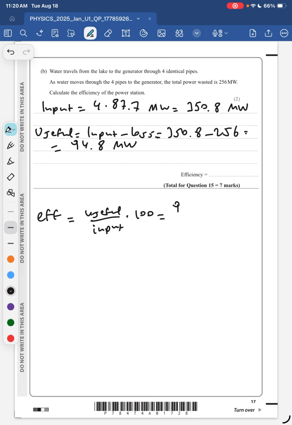So that's 94.8 over 350.8 times 100, which yields 27%. Okay, so this was question 15. Let's move on to the next question.